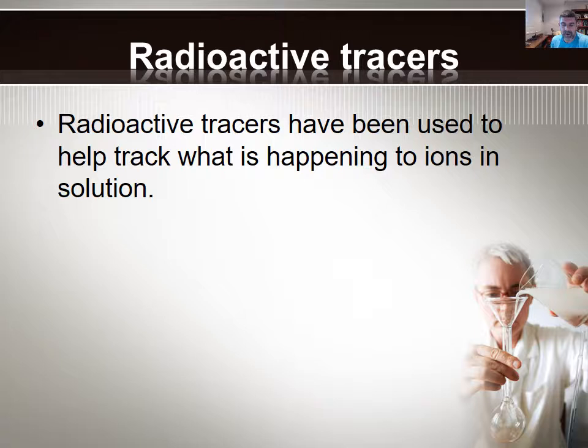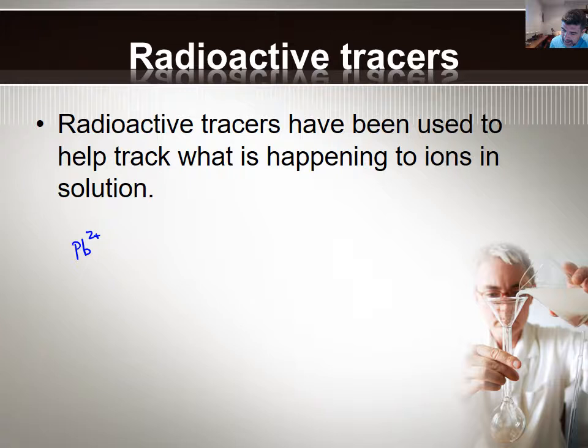Well, we've used radioactive tracers to help us track what's happening to ions in solution. So we can put some radioactive lead into a solution, which will have a slightly different mass number. Usually the only difference in radioactive isotopes is that they are the exact same element, but they have a different number of neutrons in the nucleus.